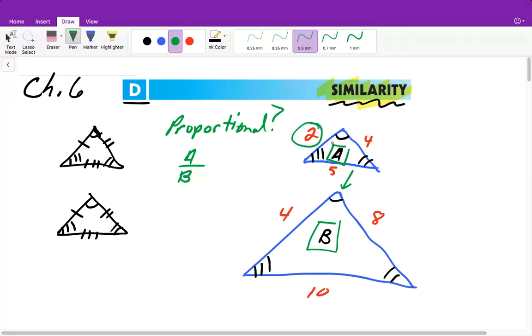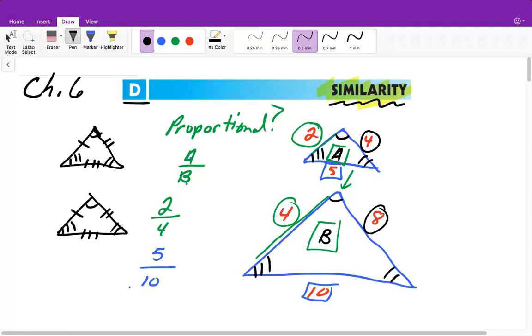This side 2, between 1 arc mark and 3, corresponds with this side of my triangle. So I do 2 over 4. This side 5 corresponds with the side 10, so I'd have to write that in the same order, triangle A to triangle B. And then the last one, this side 4 corresponds with this side 8. So it would then be 4 over 8.